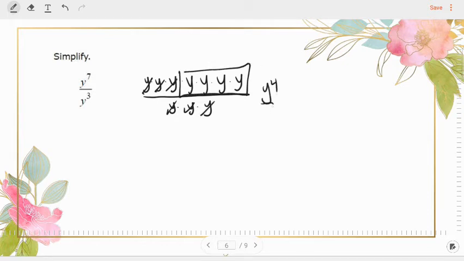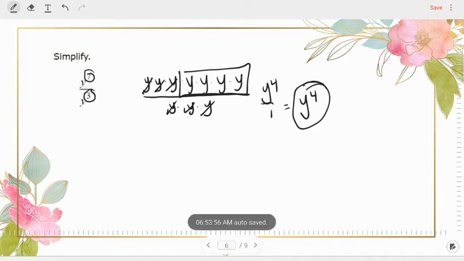So y to the 4th power over 1, which simplifies to y to the 4th power. Hopefully you're starting to notice that as I'm canceling out on top and bottom, I'm subtracting the number of y's I have. 7 minus 3 gives me 4.